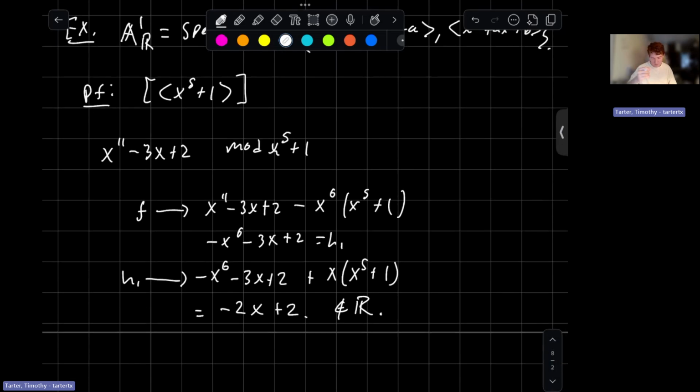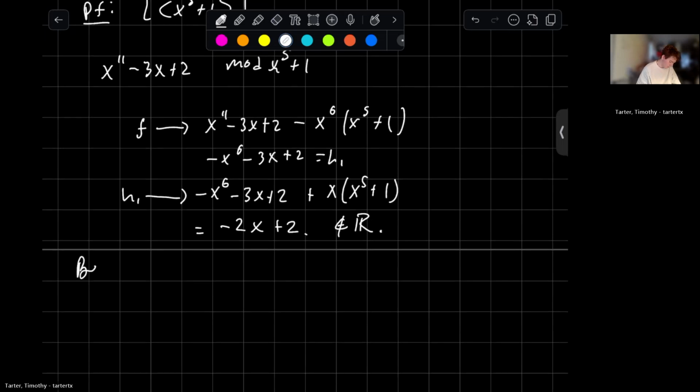So I guess maybe it's that higher order polynomials don't mod to points in the ring. Best guess.